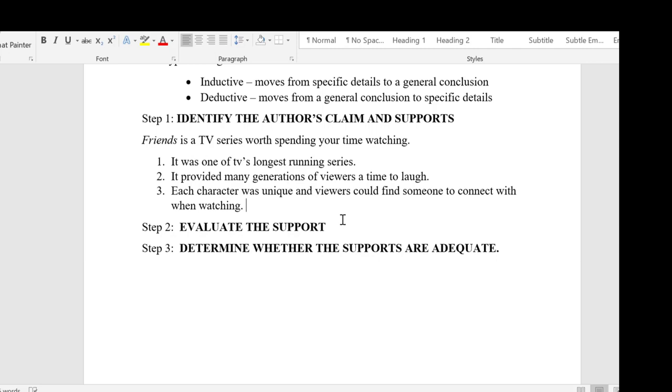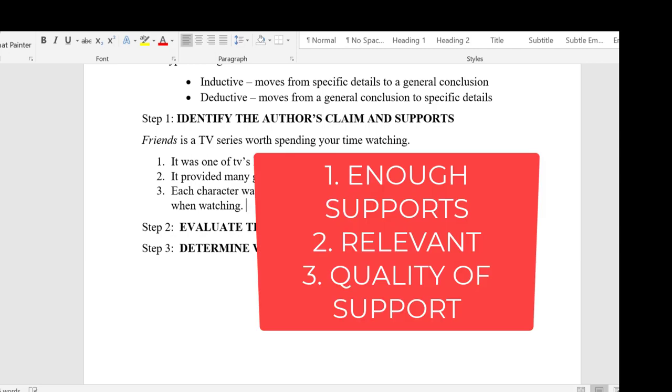When you are evaluating the support, you want to determine if there are enough supports, determine if the supports are relevant, and determine the quality of the support. Step 3 in the critical reading process is determining whether the supports are adequate.